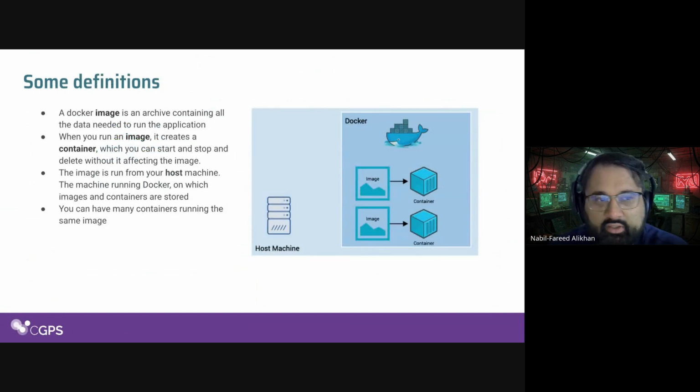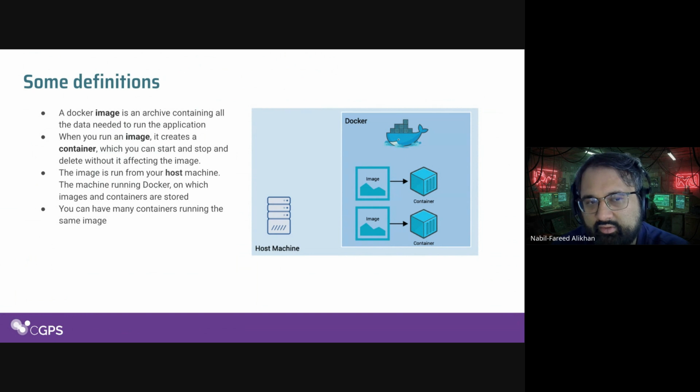Some definitions really quick. So I will say Docker image. Now the image is like the archive containing all the data that needs to run the application. So all of the application and then the essential information around your system that allows it to run. When you run an image, it creates a container. Now the container is just an instance of that image that's running.